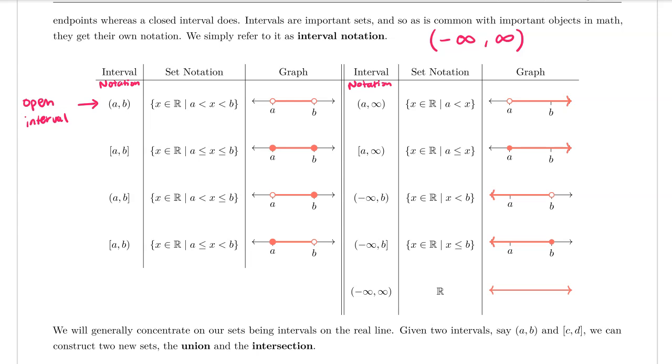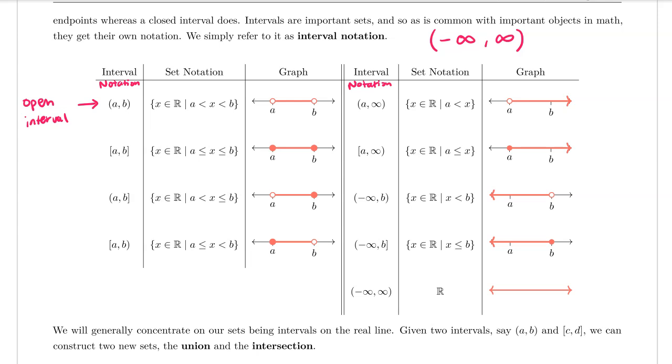Parentheses indicate that the thing we're looking at is not included in the set, and brackets indicate that it is included. So again, for infinity and negative infinity, they must always have parentheses around them because a set cannot contain them. They are not numbers, they are an idea or a concept.